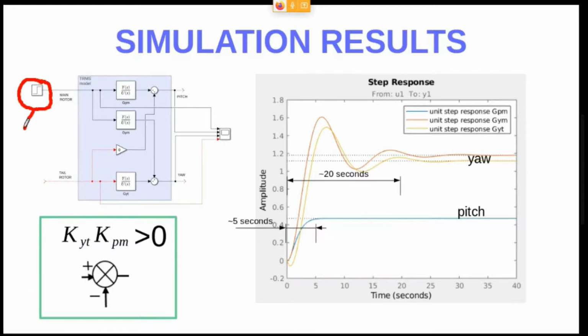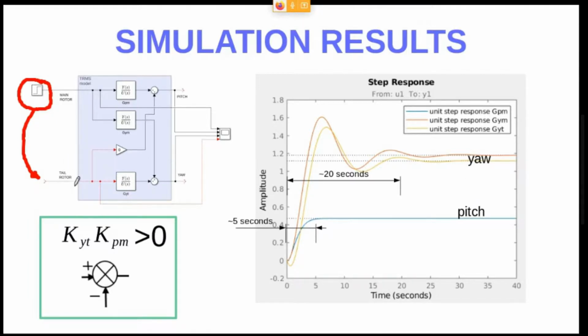Then we have done the same for the tail rotor, and the results are mixed here in the same figure, as you can see. When a unit step has been applied to the main rotor, both the yaw and the pitch have been affected, right?